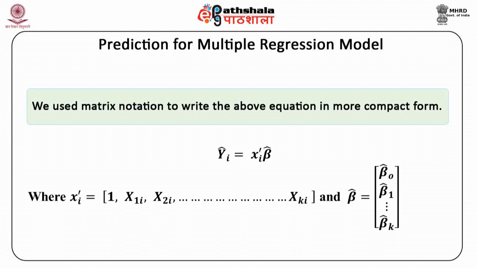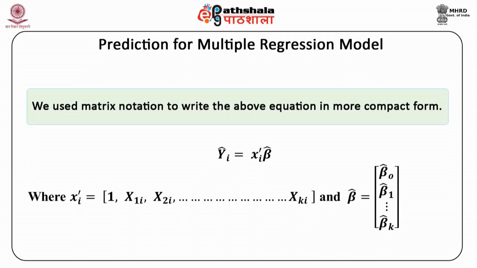Slide 30, mean prediction. The mean prediction of the dependent variable y given the values of x0 is the expected value of yi given x0 prime, which is equal to mu hat y given x0, and is equal to x0 prime into beta hat, where x0 in this case is a column vector 1, x01, x02 to x0k.